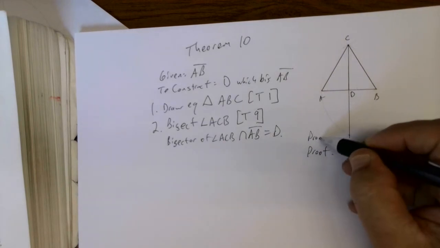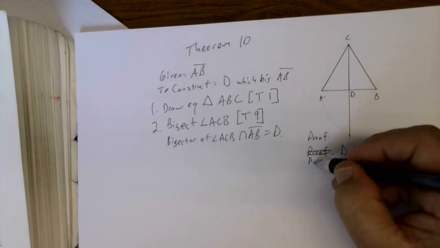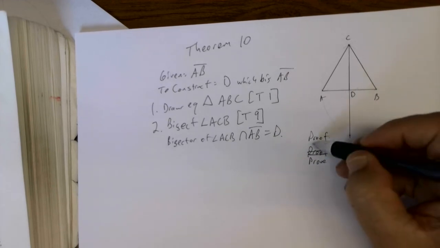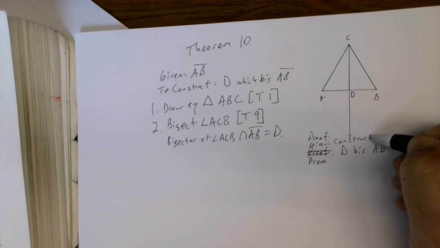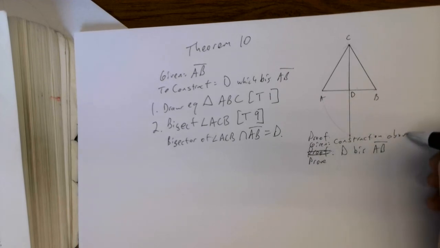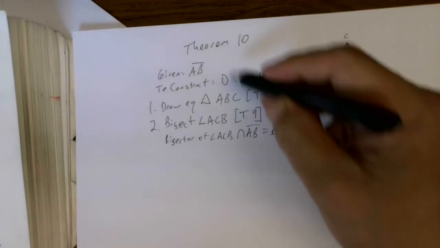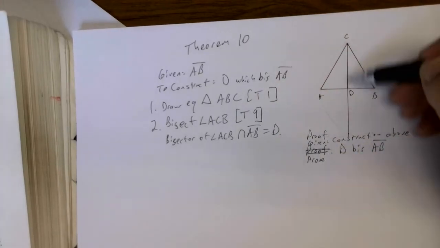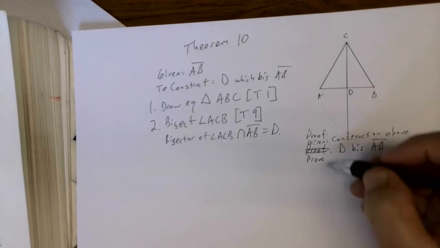I'm just going to say title proof. But I have to also say what's given. What is given is the construction above. And again, I'm not going to repeat it because it's all written down right there already. So given the construction above, I need to prove that point D bisects AB.